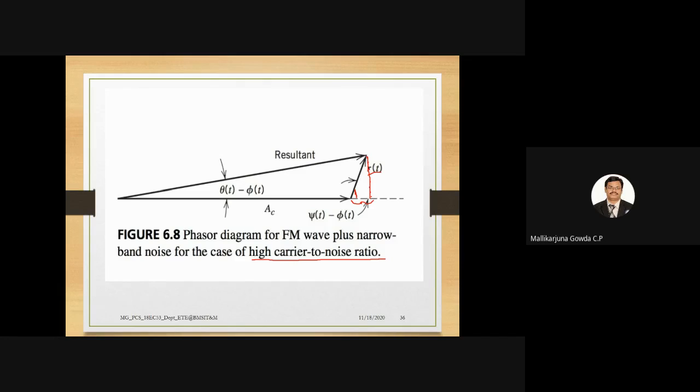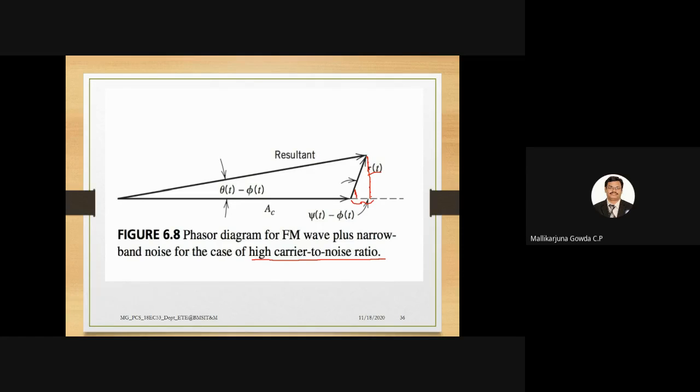So this is R of t, right? And with respect to this horizontal axis, I can write this as R of t cosine of psi of t minus phi of t.